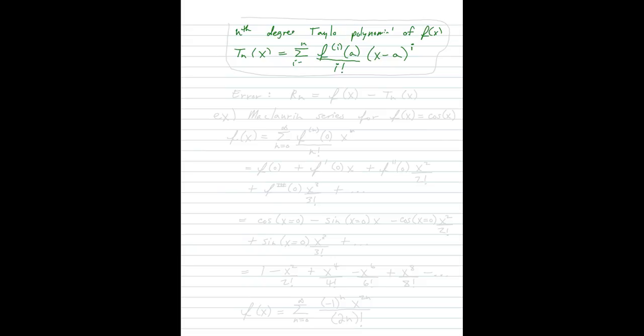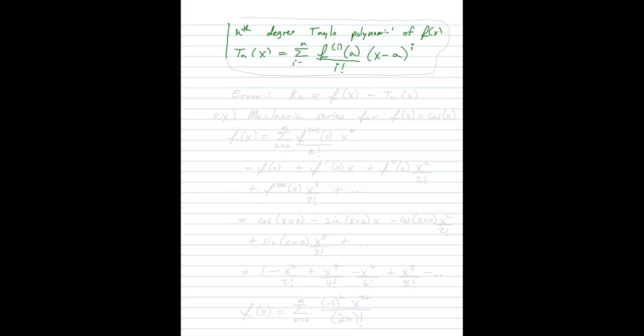And what that does is it converts the Taylor series expansion from an infinite sum to a discrete valued sum, where we sum until n instead of infinity.